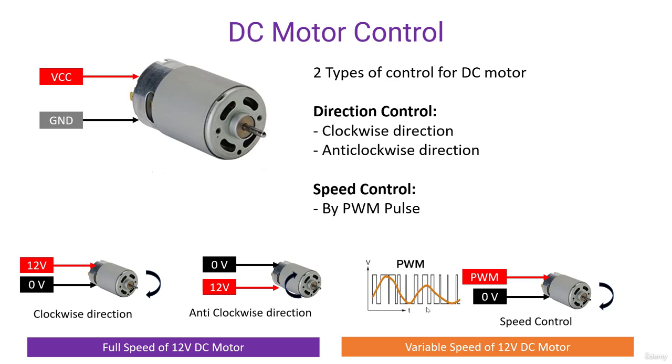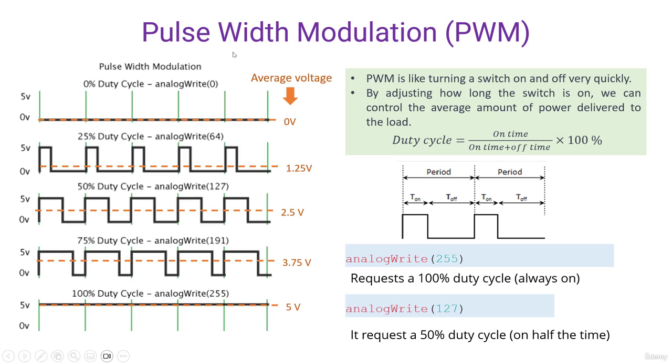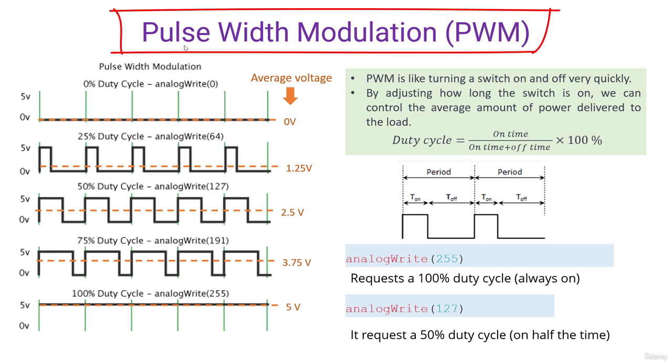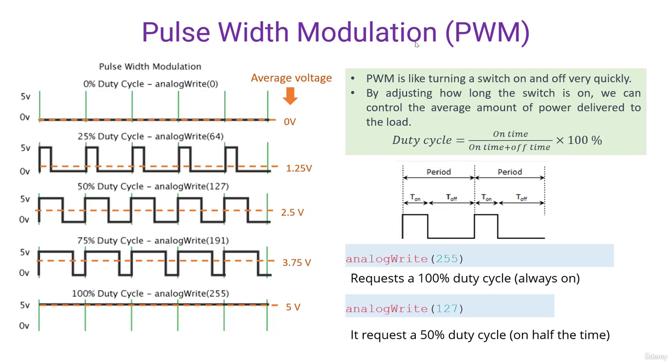Now let's have a brief idea about PWM. What does it mean? Let's learn what PWM is. PWM stands for pulse width modulation. Here we obtain an analog equivalent value using a digital signal. And we know Arduino cannot directly generate an analog output or analog voltage.